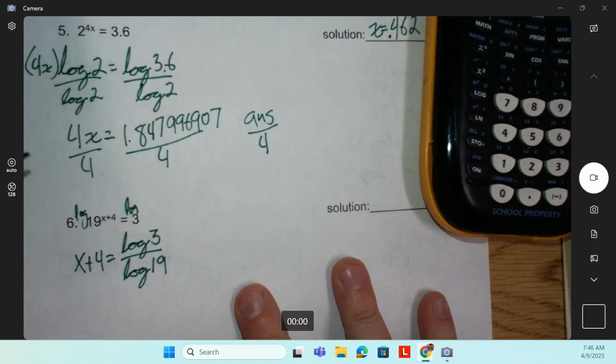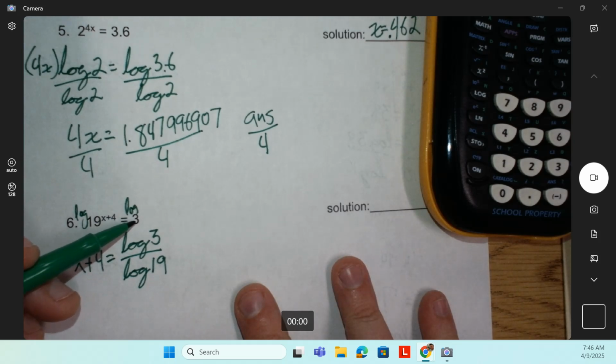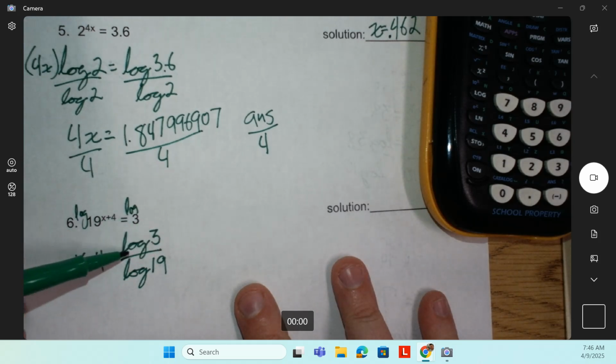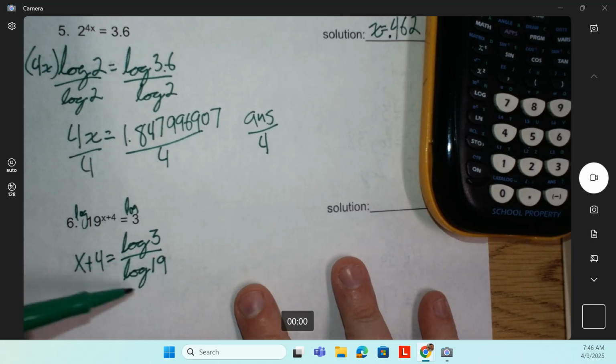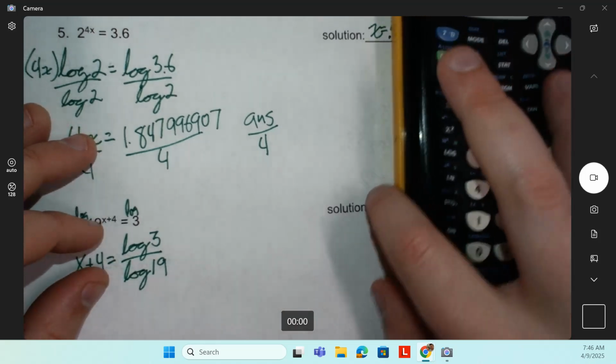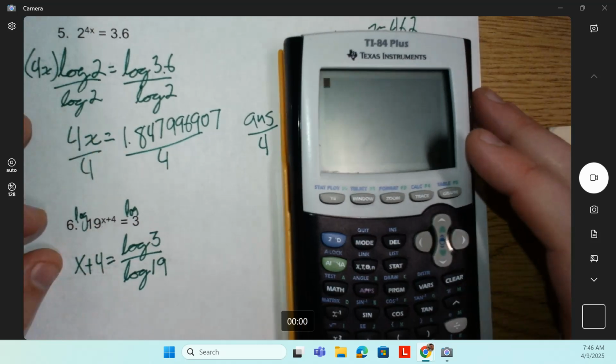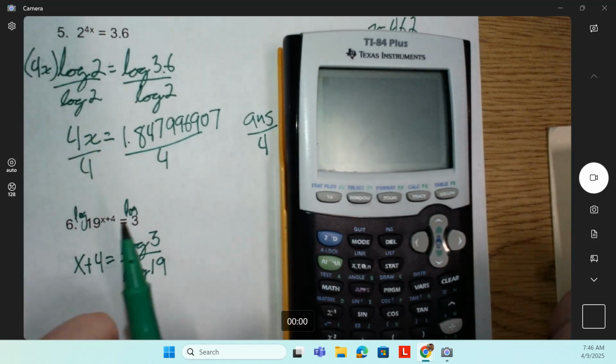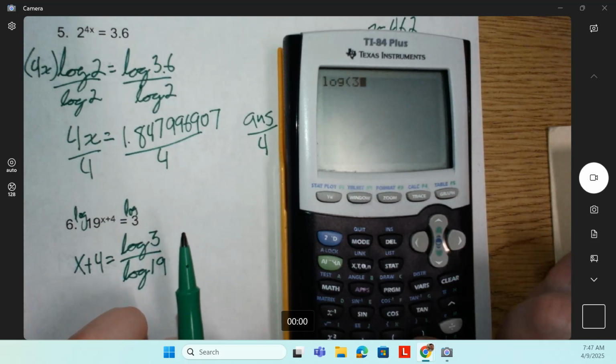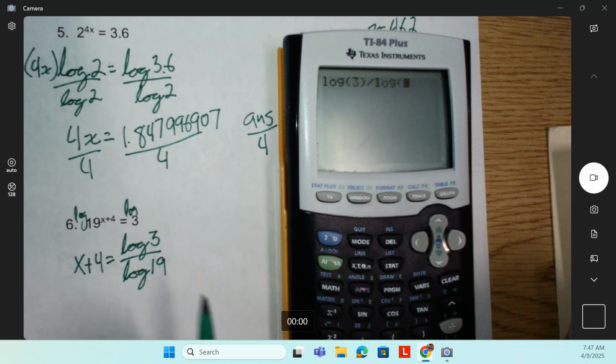The main thing here for you is to make sure that on the right side that logarithm is on top, the other one is on bottom. So I get log 3 divided by log 19.